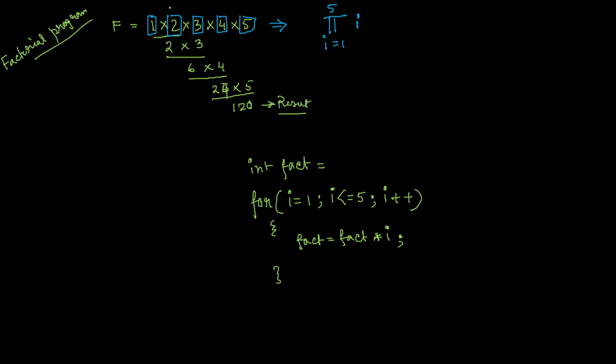So one by one these terms will be picked up from the series and will be multiplied with a partial factorial. Partial factorial is what? Partial factorial is 2 into 1, 2. This is partially factorial. This is another partial factorial. This is another partial factorial. And this is the final result. But these three are partial factorial.